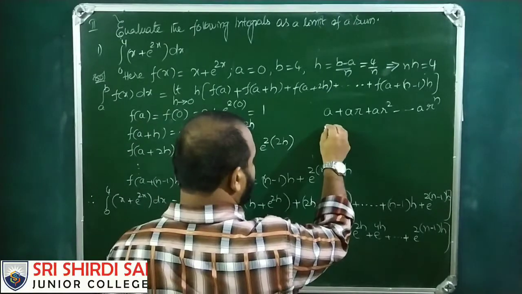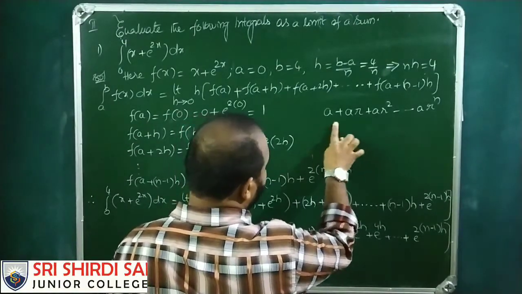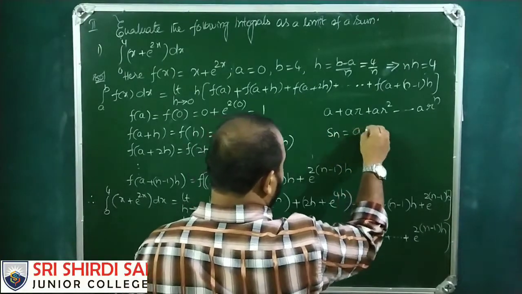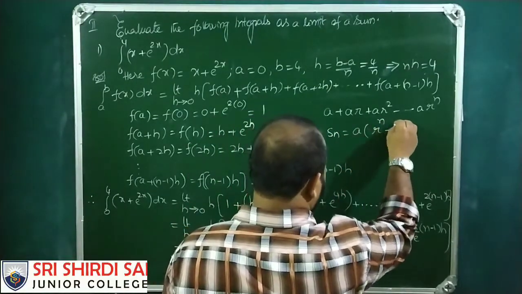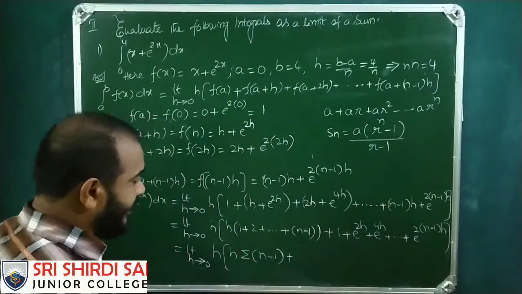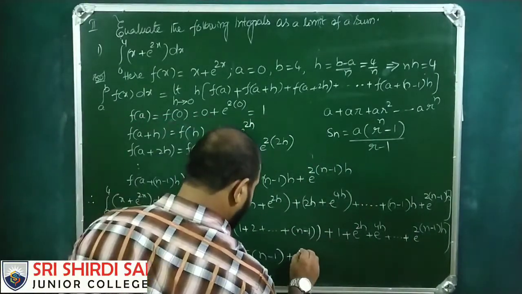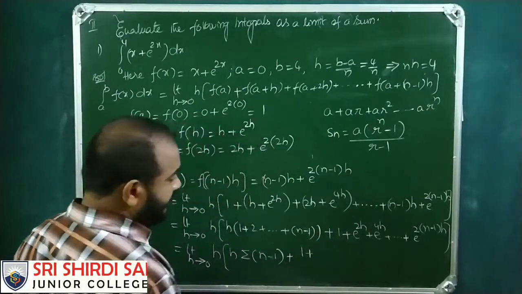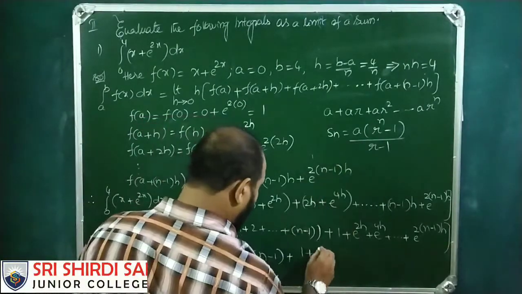The sum of n terms of a GP is Sn = A(R^n - 1)/(R - 1). This is the formula, where A is the first term and R is the common ratio.